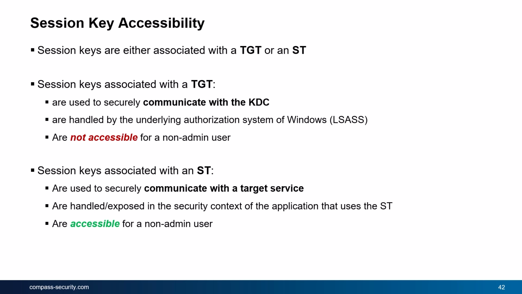And with that, it also means that we as a user are able to access the session keys and dump them essentially without requiring local admin rights. You still cannot dump service ticket session keys from other users on your machine. For that, you would again need local admin rights, and only within your own process. Otherwise, you would require debug privileges to access the memory of other processes, of course.